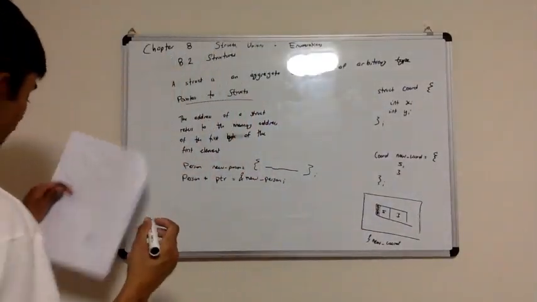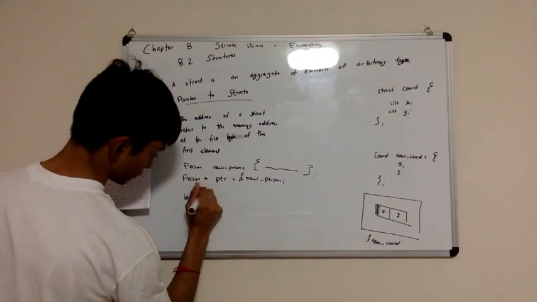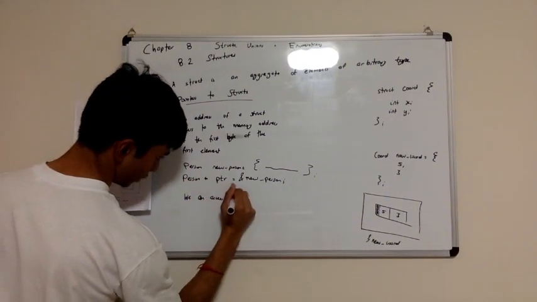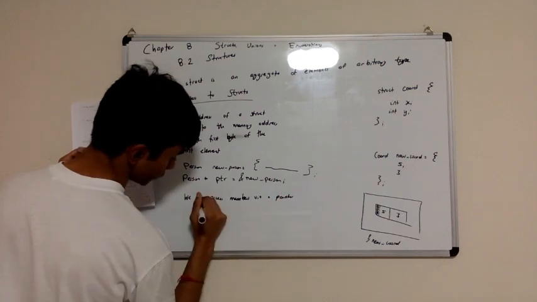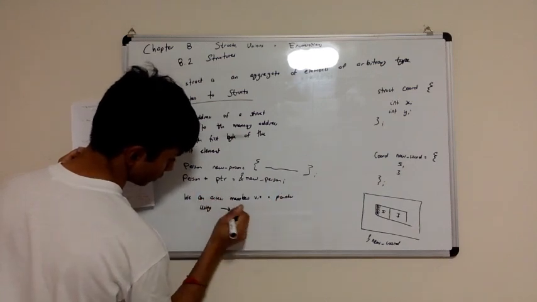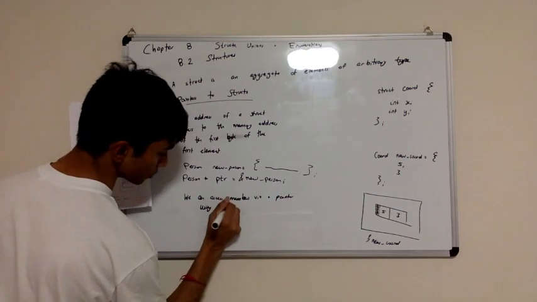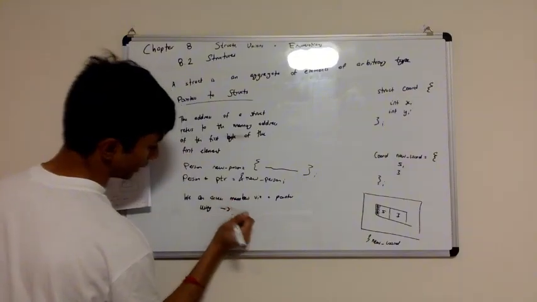Now, we can access members via a pointer using the arrow operator. It's a hyphen followed by a greater than symbol.